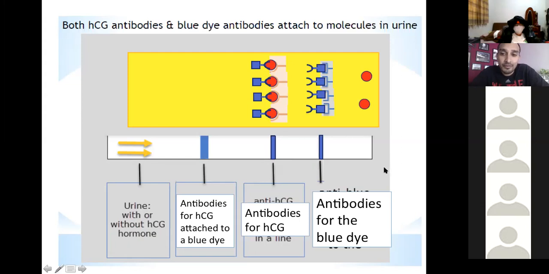Okay. But why does the molecule stop at the first line? Aren't they supposed to keep moving along with the urine, even if the antibodies are attached to it? No, because these antibodies and these antibodies are fixed.